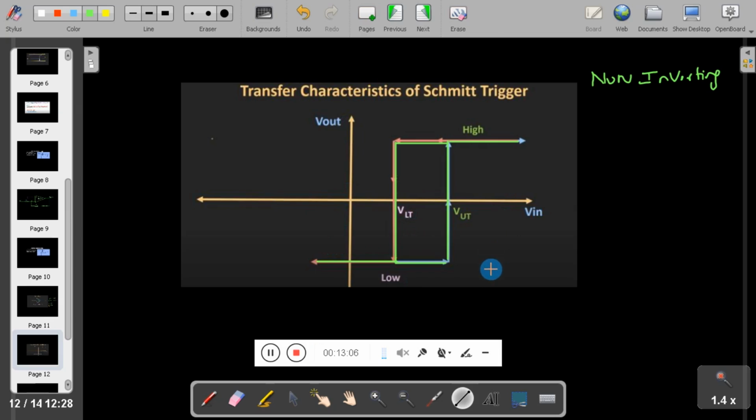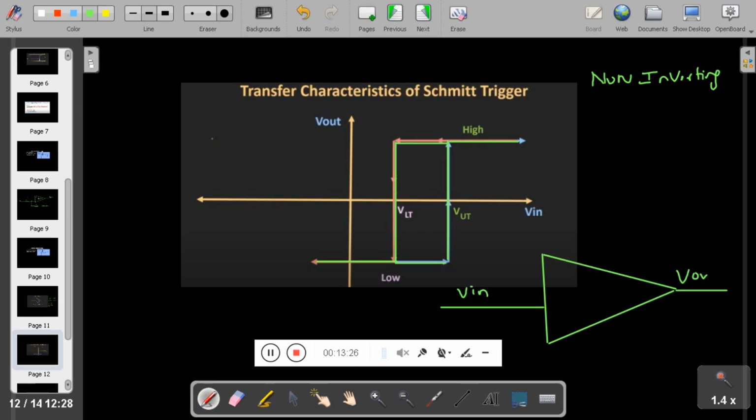Now, how to represent the non-inverting Schmitt trigger? What is the symbol for the non-inverting Schmitt trigger? This is the symbol for the non-inverting Schmitt trigger, where this is V in and this is V out, and this represents the transfer characteristics, which we also call hysteresis.